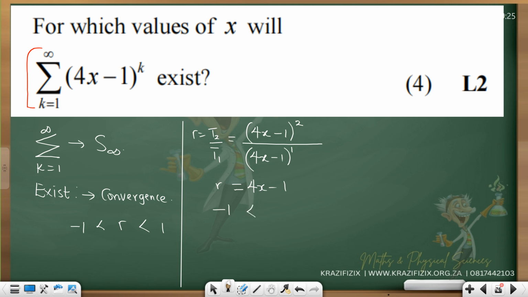So, negative 1 less than r less than 1. The first thing I'll do is move this negative 1 over. Negative 1 comes here, becomes positive, 0 less than 4x less than 2. Then I'll divide everything by 4. And I'm done. 4 marks in the bag.